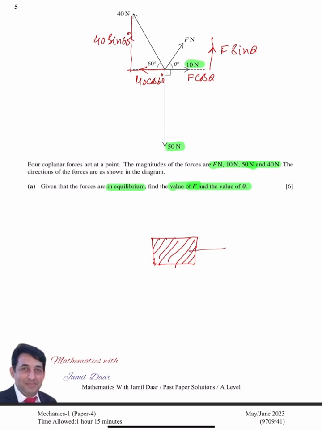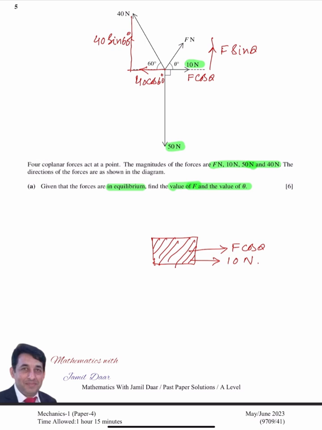In this direction there is force F cos theta. Also, we have a force 10 Newton in this direction. I learned this method from my teacher. It's very useful, you cannot leave any force while solving the question.